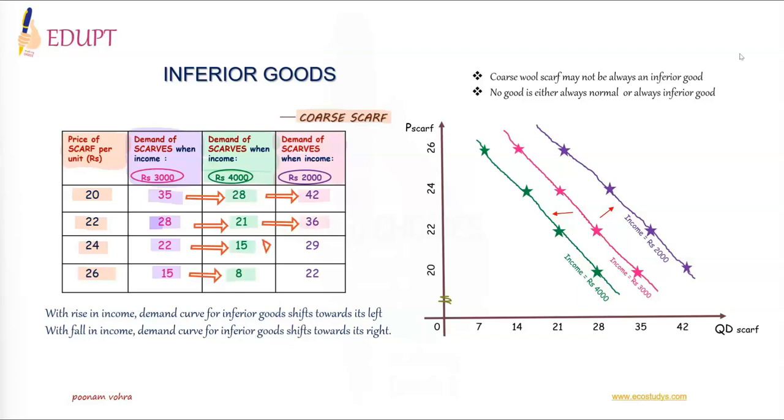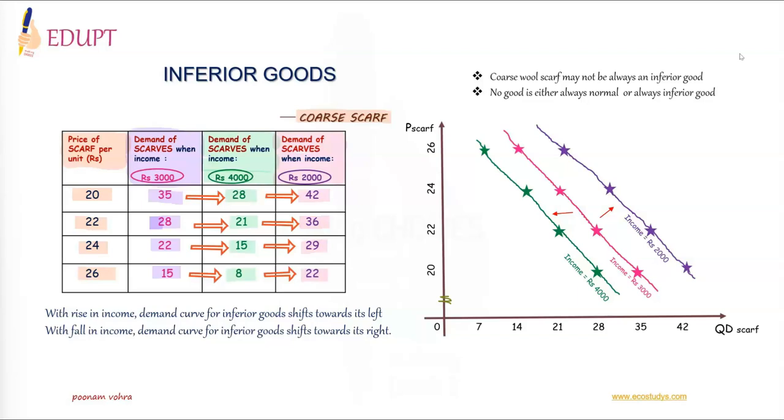Similarly, at price 24, quantity demanded of scarves rises from either 22 or 15 to 29 units. And at price 26, quantity demanded of scarves further rises from 15 or 8 to 22. So one can observe that with fall in income, demand for coarse woolen scarf rises.